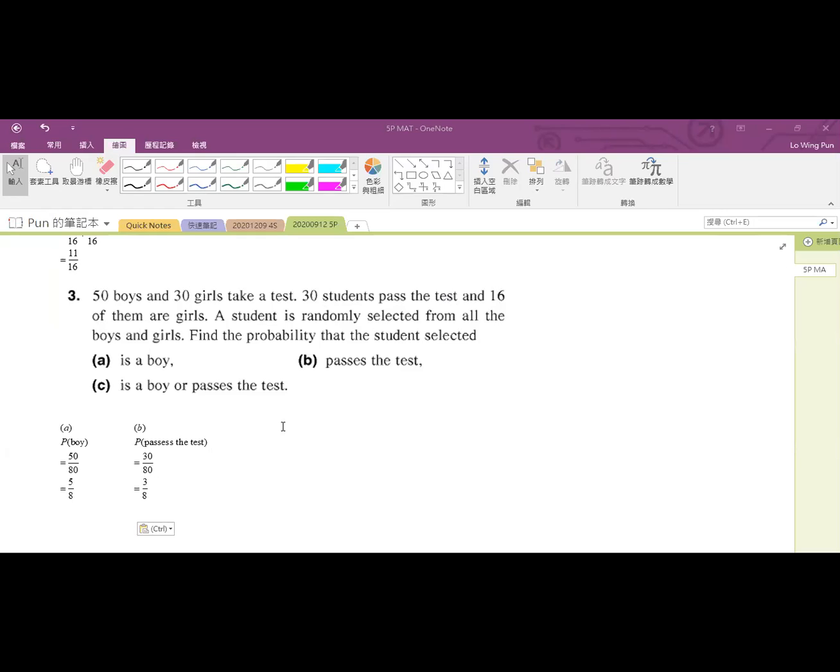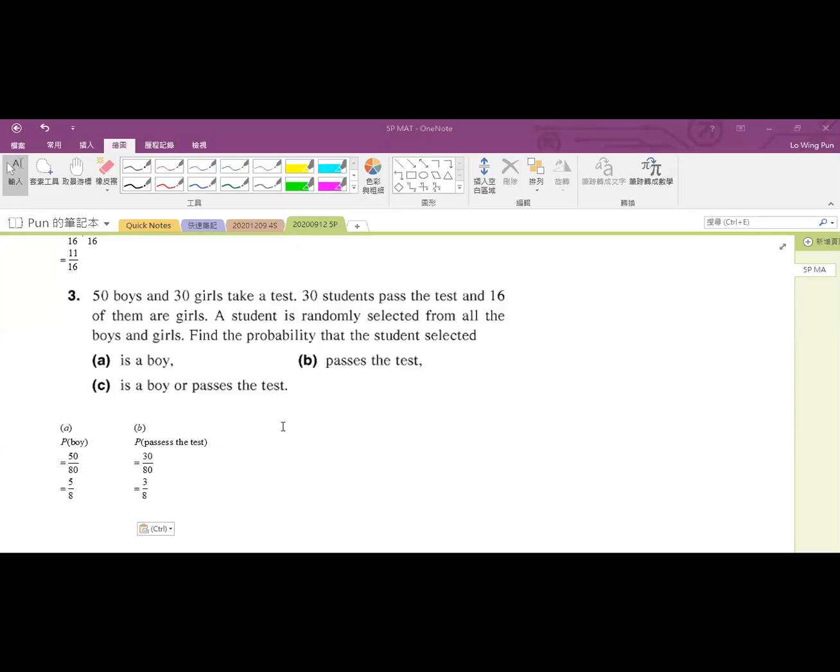And then part C. Part C is a boy or passes the test. 好啦，嗱呢度咧有啲嘢要睇咯。P boy or passes the test.